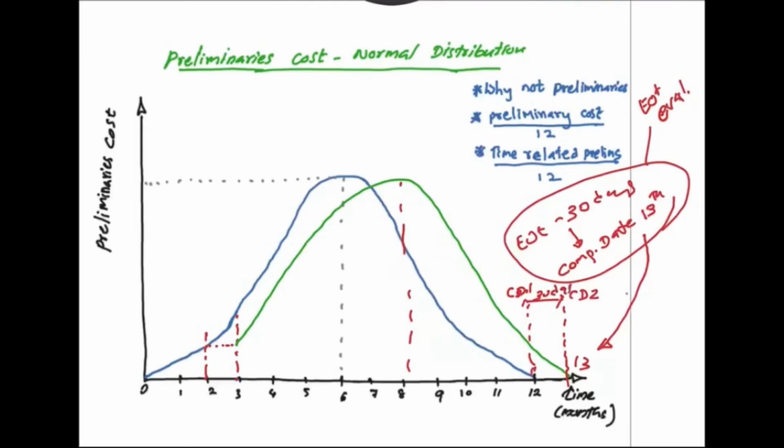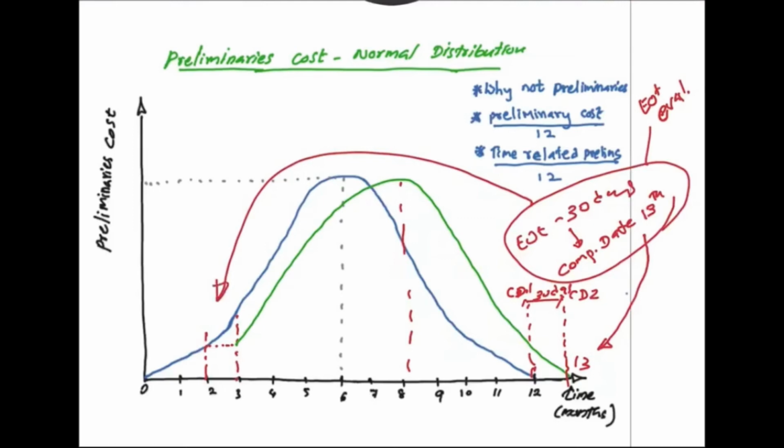So people think that these 30 days are between the previous completion date and the new completion date. But these 30 days actually represent the number of days between the second and third month.